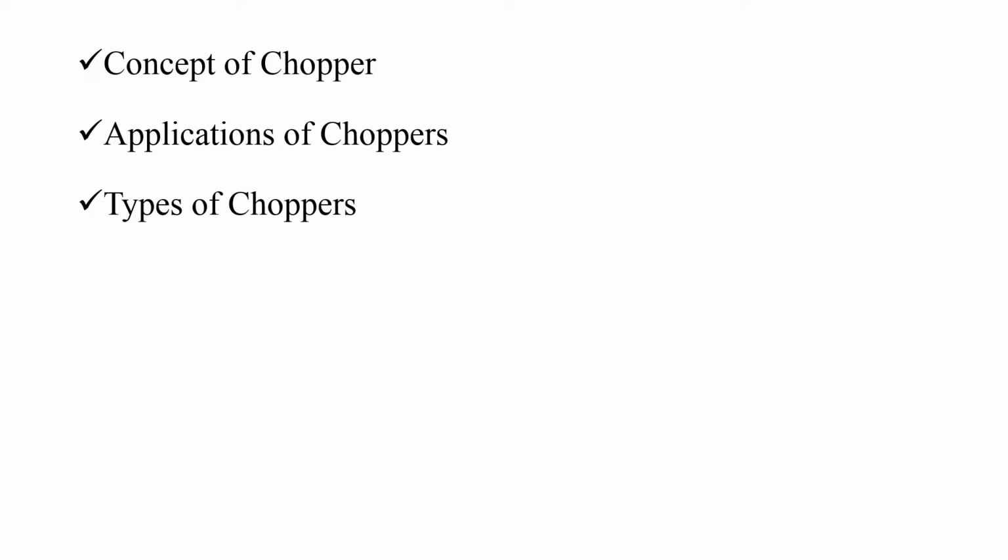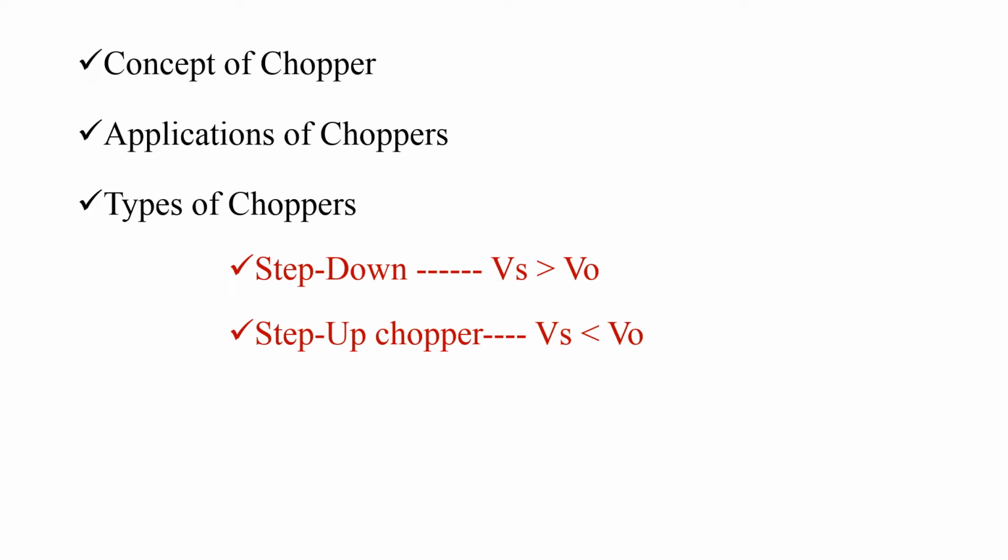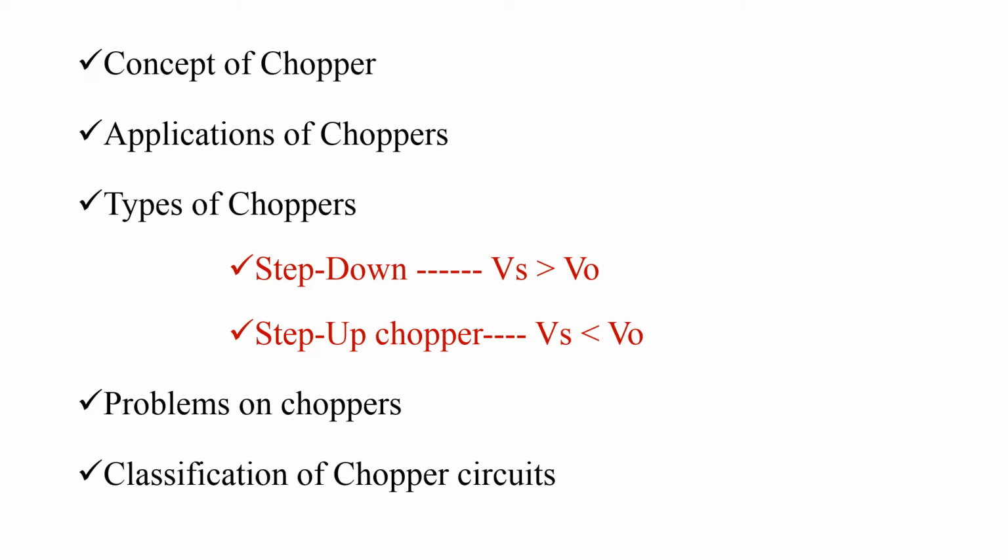In the fourth unit, up to now we discussed the concept of chopper, applications of choppers, types of choppers, that is step down chopper, step up chopper, problems on choppers, and classification of chopper circuits. First of all, I think everyone knows the concept of chopper.